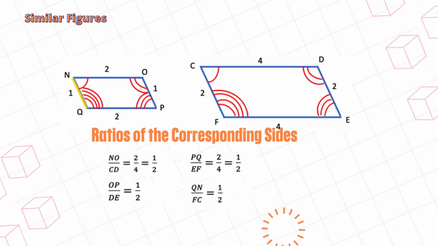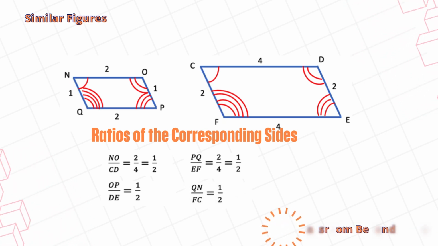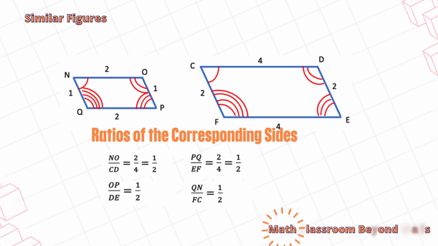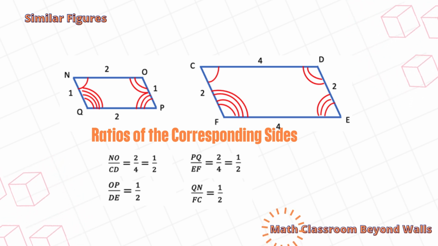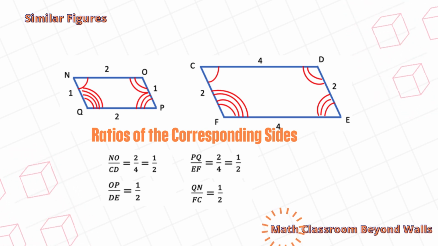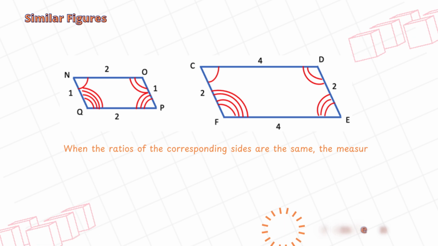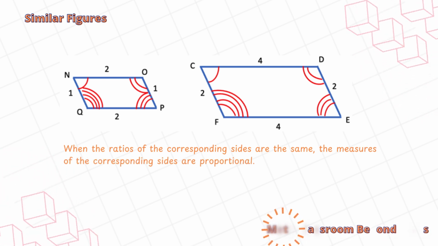And QN over FC is equal to 1/2. What are the ratios equal to, learners? Right, the ratios are the same. They're all equal to 1/2. Take note, it is not the measure of the corresponding sides that are the same, but the ratios. When the ratios of the corresponding sides are the same, then the measures of the corresponding sides are proportional.